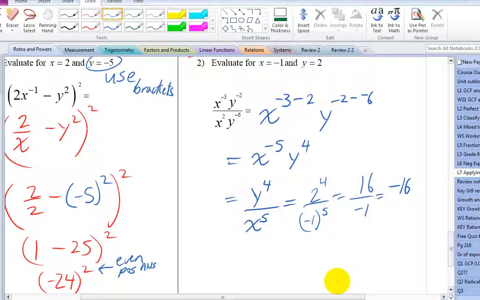Okay, so some of you are freaking out because of this. This is quite complicated because there's several skills involved. They're simple skills, but the more things you put together, the harder it is. On your unit test, how many questions are you going to see like this? Maybe 5, 6, not a ton. On your final exam, how many do you think you're going to see? 2 or 3.